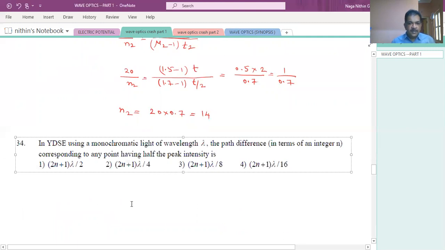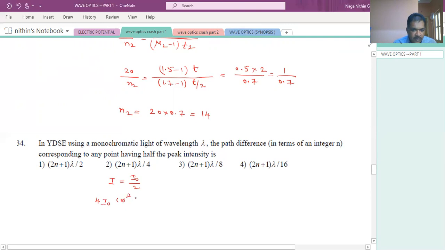In Young's double slit experiment using monochromatic light of wavelength lambda, the path difference corresponding to any point having half of the peak intensity. Intensity formula: I is equal to I naught by 2. Okay, next, this I value will be 4 I naught cos square phi by 2 is equal to I naught by 2.